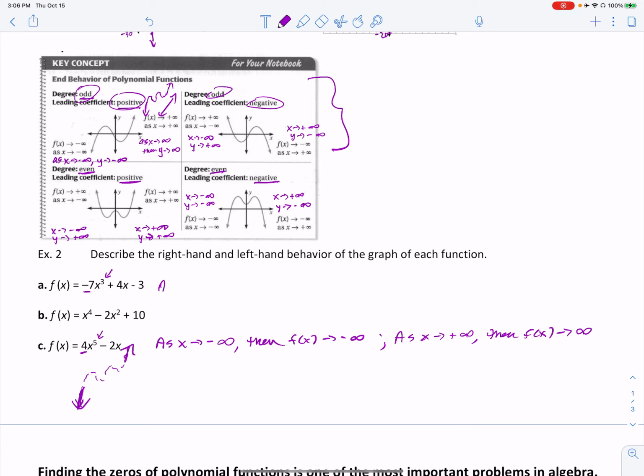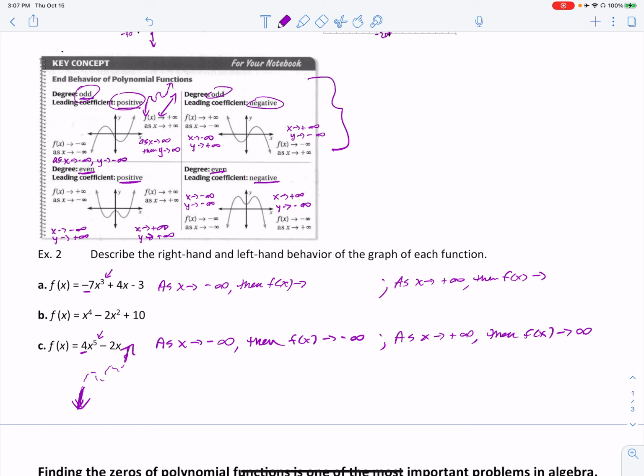So as x goes to negative infinity, then f of x goes to, need to fill that out, and as x goes to positive infinity, then f of x goes to, what does it go to?